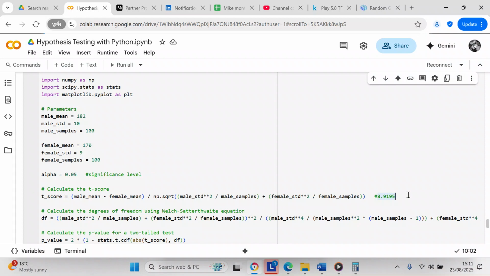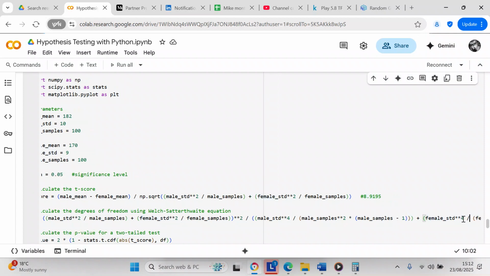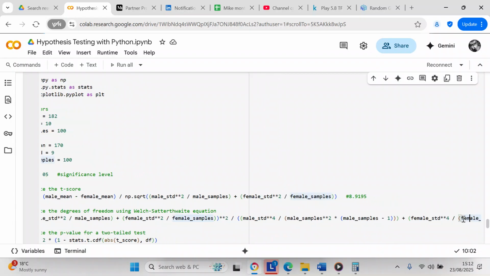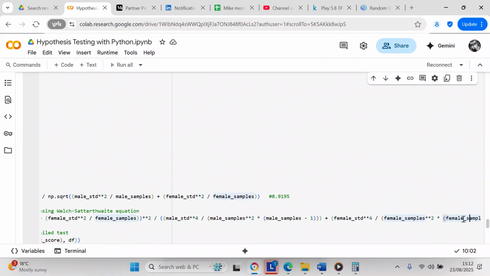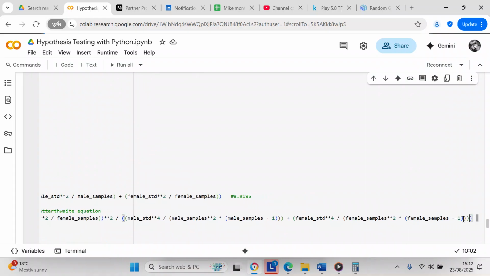Next, we're going to calculate the degrees of freedom using the Welch-Satterthwaite equation. So your degrees of freedom equals the quantity male standard deviation squared divided by male samples plus female standard deviation squared divided by female samples, all squared, divided by male standard deviation to the 4th divided by male samples squared times male samples minus 1, plus female standard deviation to the 4th divided by female samples squared times female samples minus 1.